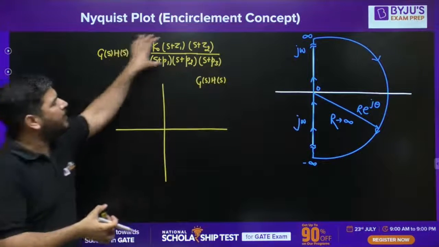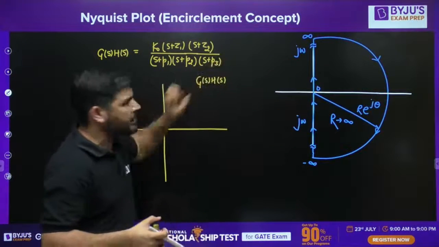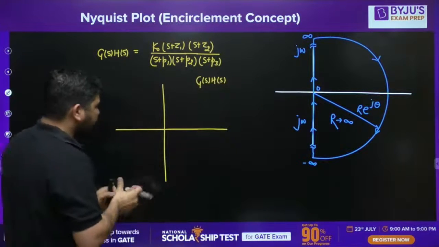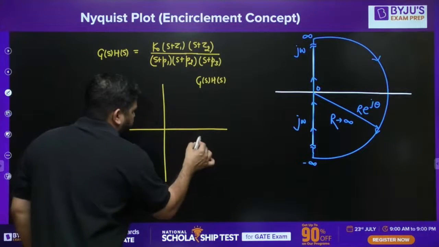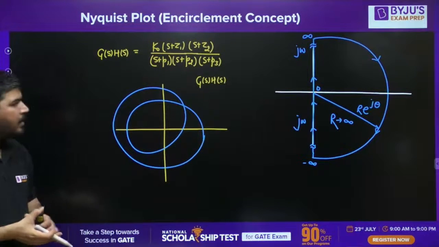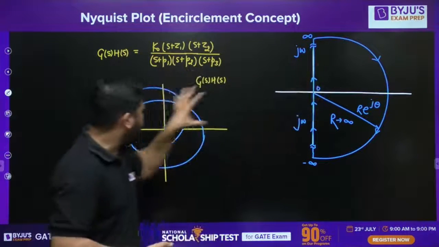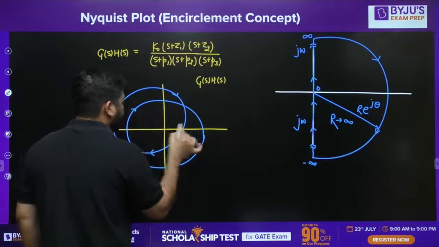So it's a random function. What you are doing is mapping this S-plane contour into G(s)H(s), and the resultant contour is, let's take a random shape, let's say this is the resultant contour.